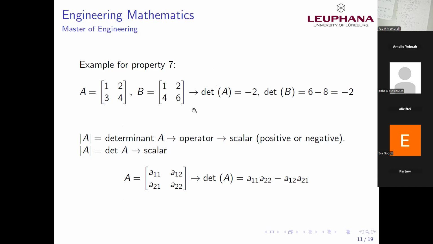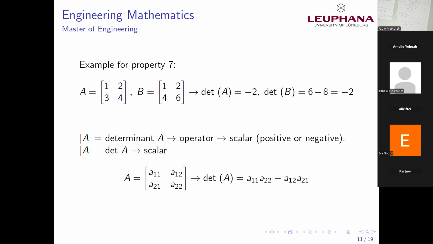Look at this. At this moment, forget the example of property numbers here. I have a matrix 2 times 2, it must be square. What is the determinant of A? In accordance with the definition, which we will see a little bit later, it is this multiplied by this minus this multiplied by this.